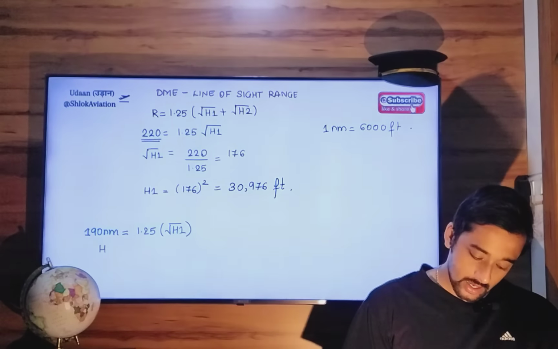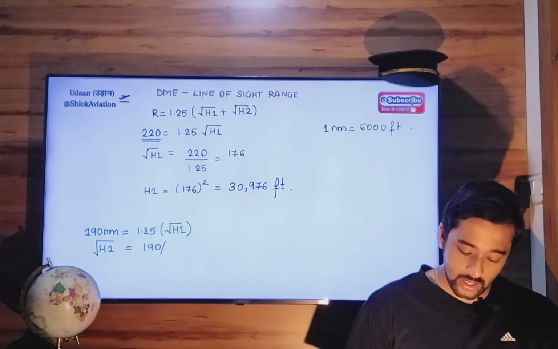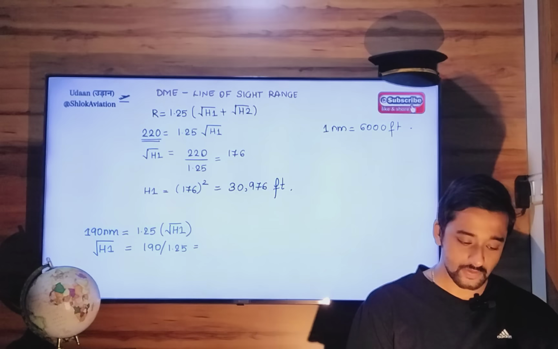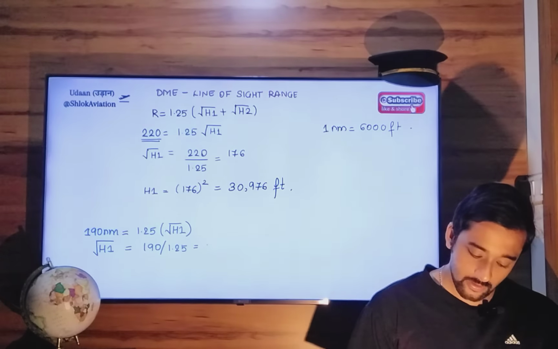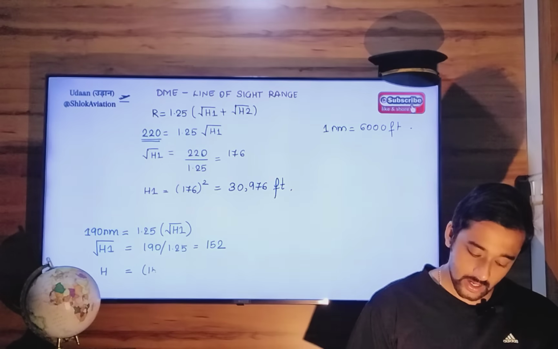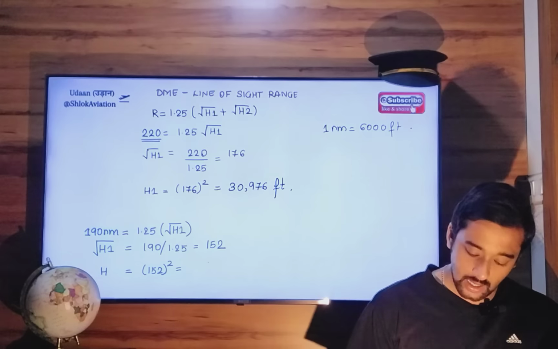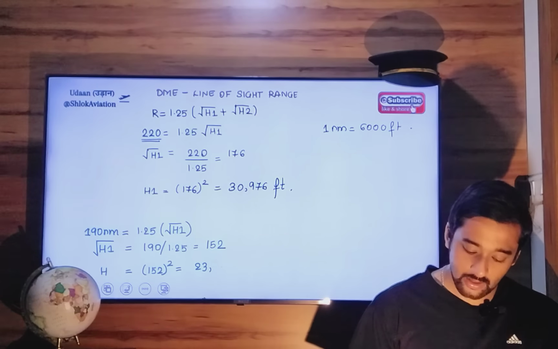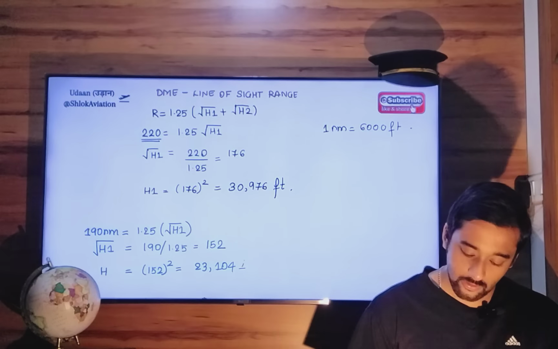So the square root of h1 is 190 divided by 1.25, which is 152. So height will be 152 squared, 23,104 feet.